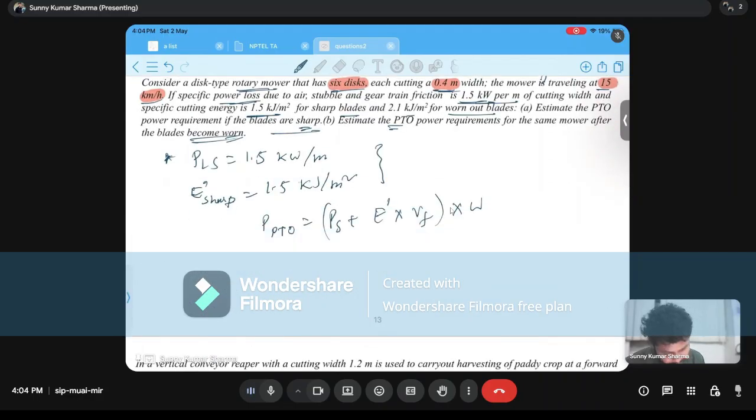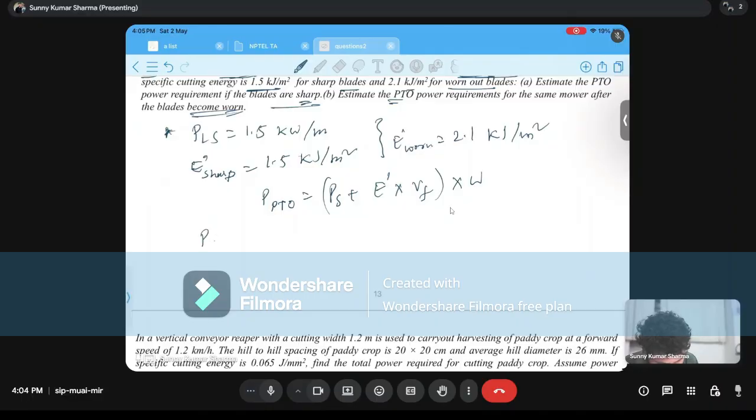So first, if we are calculating for sharp blade, then E dash for worn blade is 2.1 kilojoule per meter square. So what is the power requirement for sharp blade? PTO for sharp will be equal to PS, PLS we are writing here.